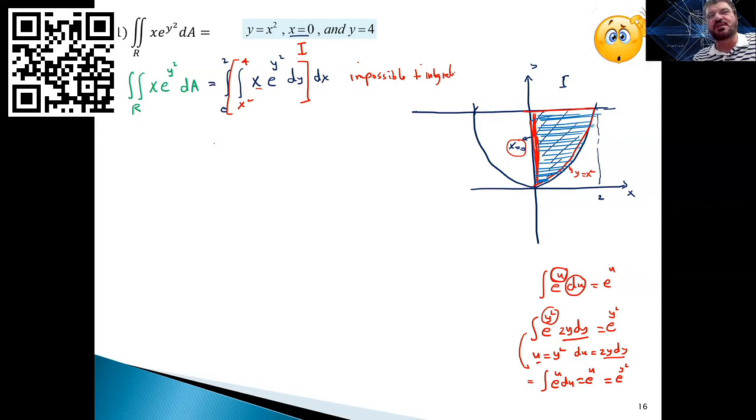So this is going to be equal to the double integration of x e to the y squared. I'm going to make it dx dy because now I'm going to change to region of type 2. All right. For the y, guys, where does it start? This is y equals 0. I'm going to go all the way up till what? Till y equals 4. So y is from 0 to 4.